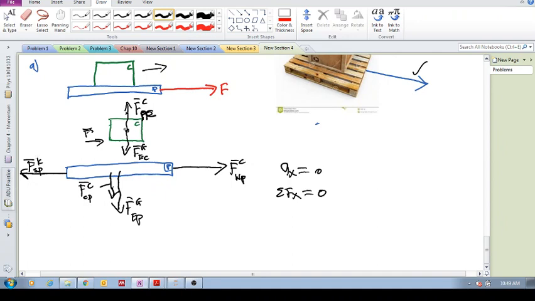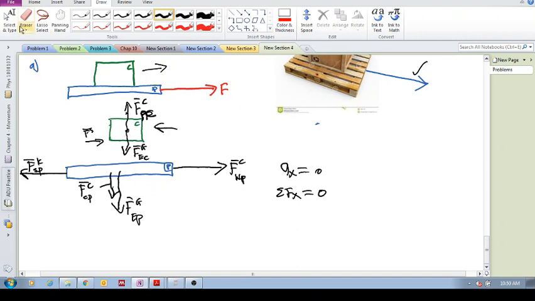And if the crate is going at a constant velocity, acceleration is 0, that means that if there were to be a static friction force here, then there would have to be an opposing force that cancels this force out or balances it. But there is no force acting in that direction.